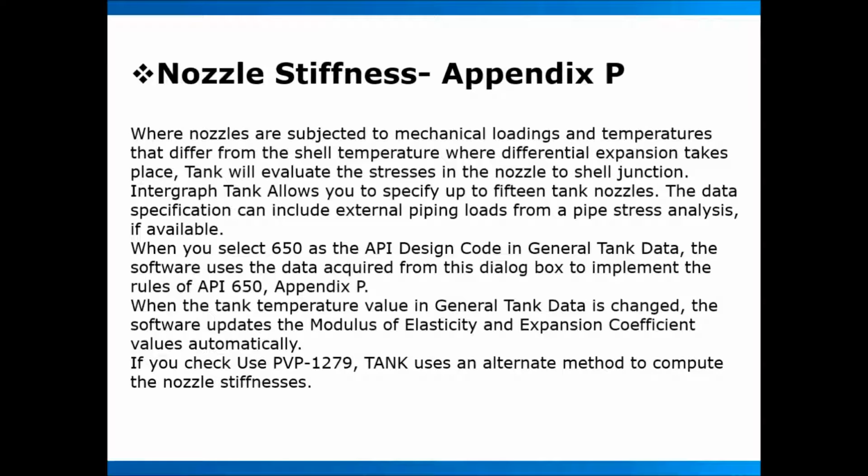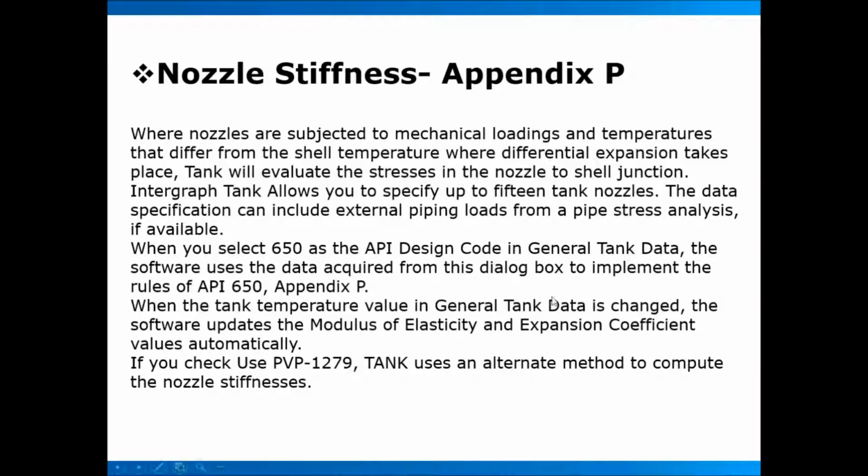Tank will evaluate the stresses in the nozzle to shell junction. The nozzle stiffness window allows you to specify up to 15 tank nozzles, and in data specification you can include external piping load from a pipe stress analysis like Caesar II software if it is available with you.